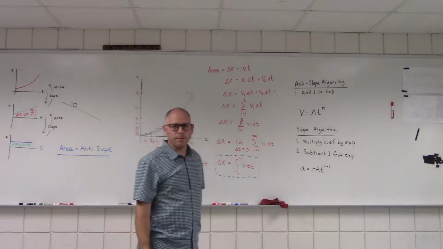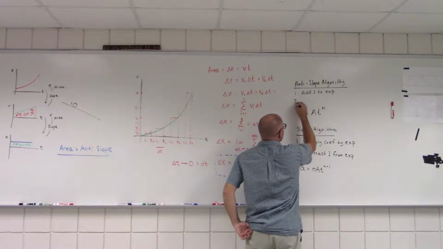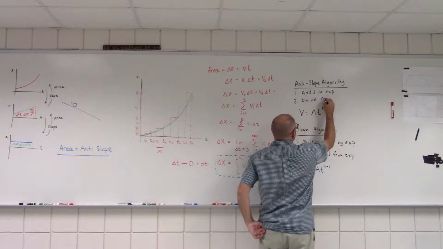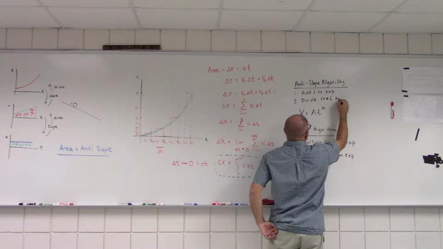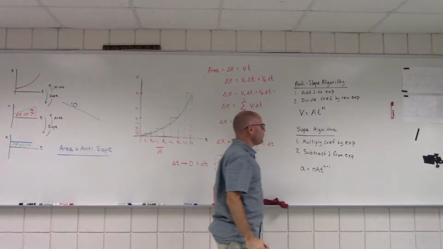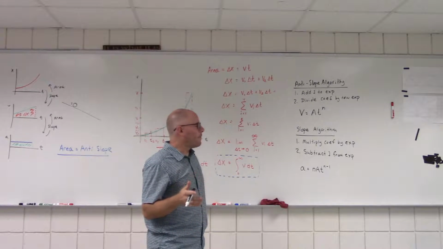You're going to add 1 to the exponent, and then divide the coefficient by the new exponent.